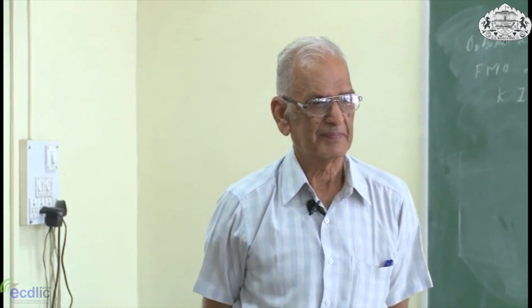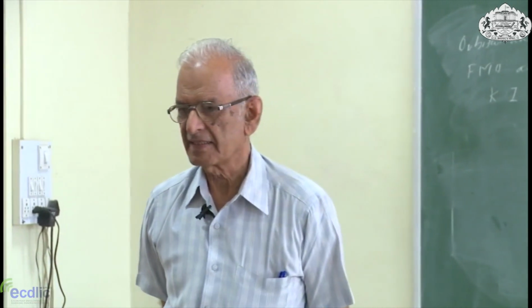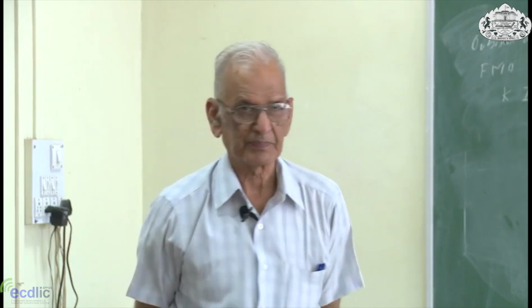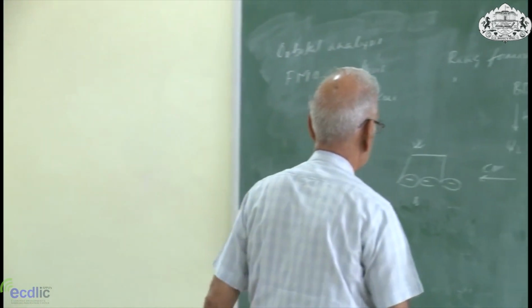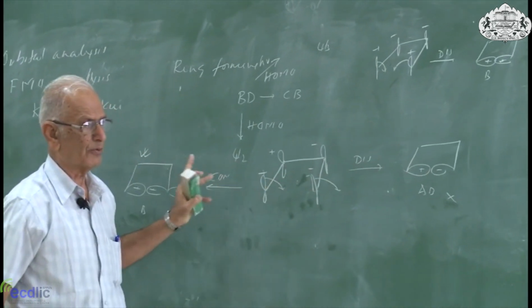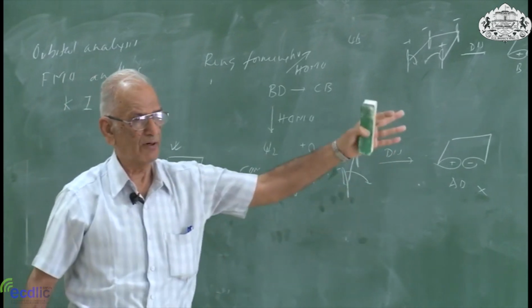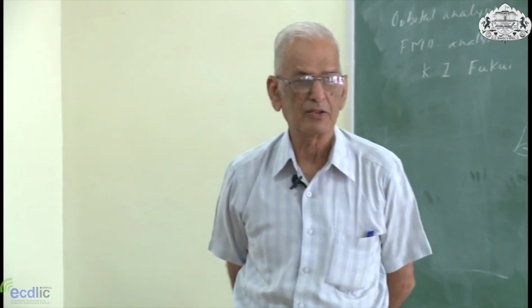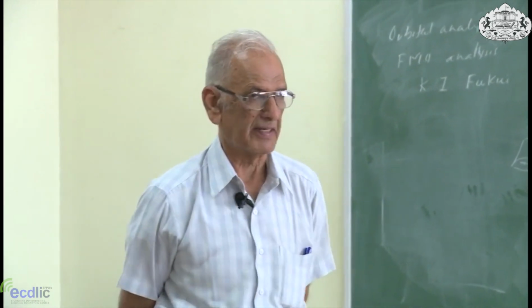So, in the butadiene case, thermal reaction HOMO is psi 2. Disrotatory gives me anti-bonding, conrotatory gives me bonding. Therefore, the 4 electron reaction is going to be thermal, is going to be conrotatory.